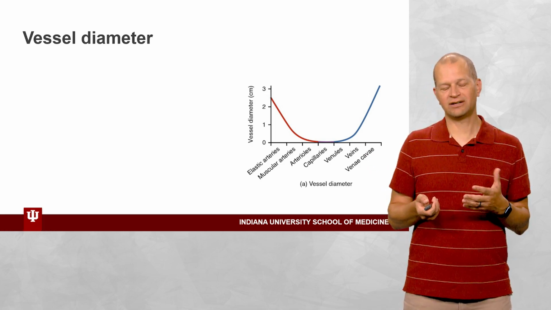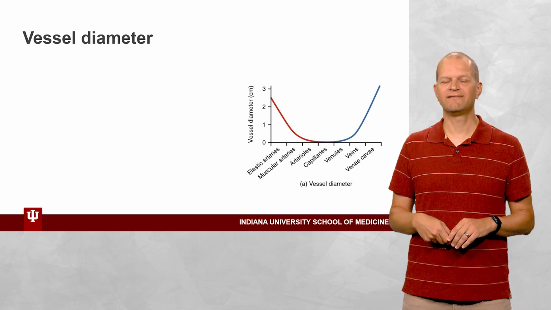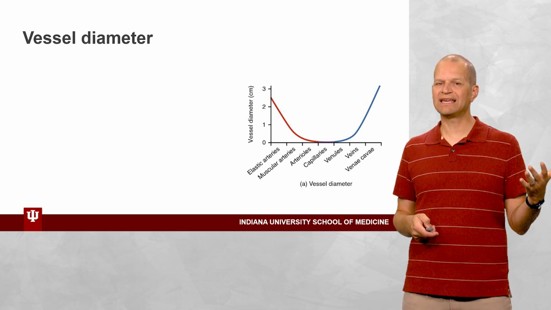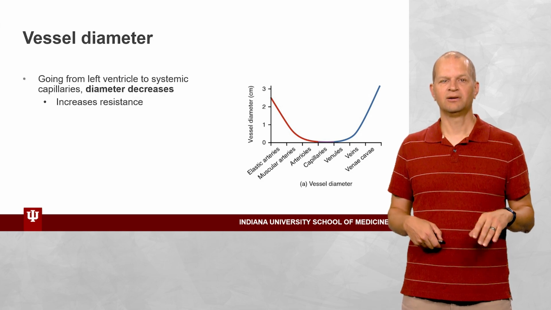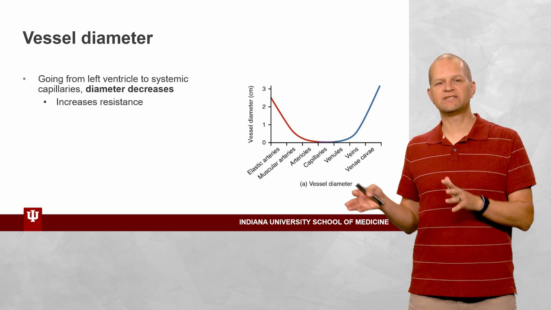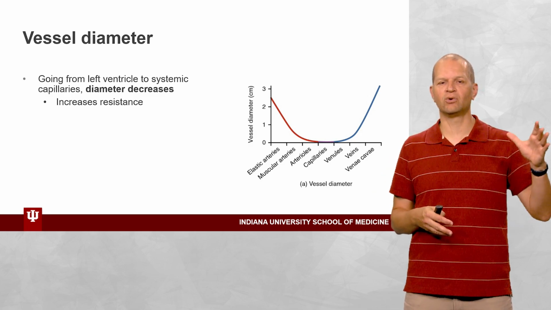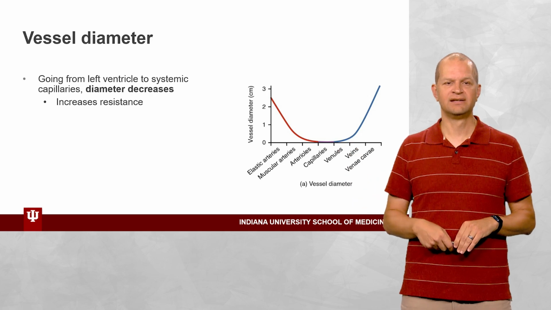On the y-axis of this specific figure, we have vessel diameter. Notice that diameter is really high in the arteries and even a little bit higher in the large veins. With all these figures, we're basically going to divide them in half. So what's happening going from arteries to capillaries, and then from capillaries to the large veins.